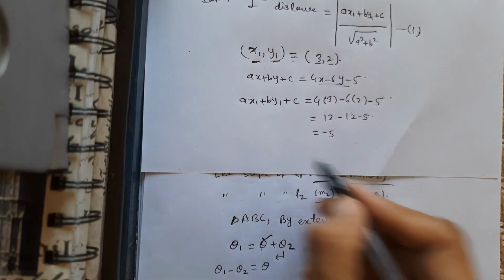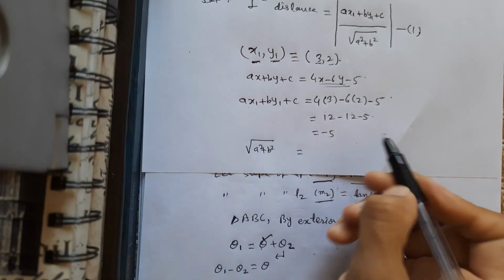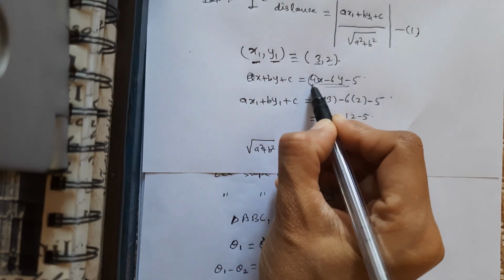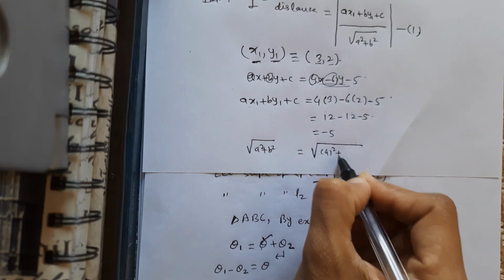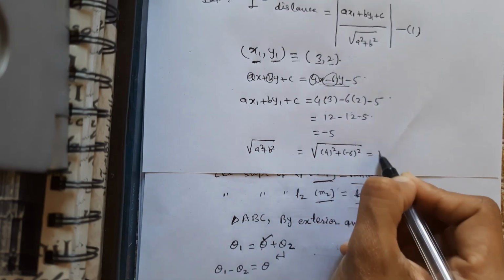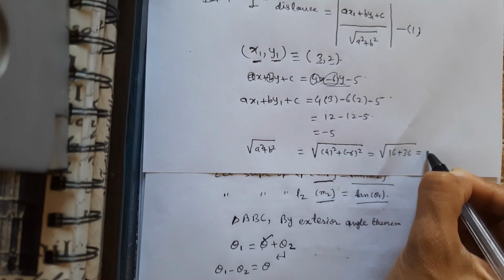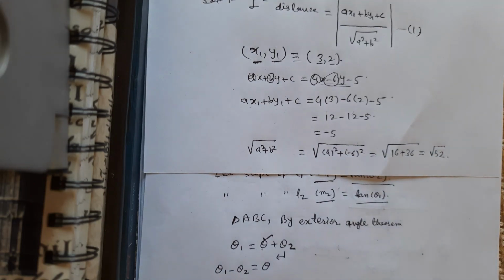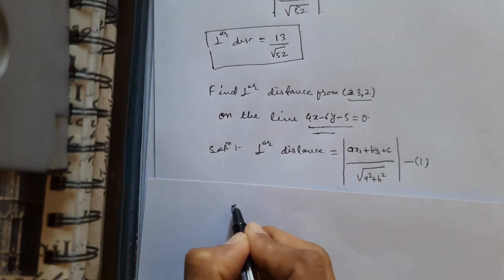Now for the denominator I need to find root a square plus b square. The value of a here is 4 and the value of b is minus 6. So 4 square plus minus 6 square, which equals 16 plus 36, which is equal to root 52. So just substitute these values in equation 1.